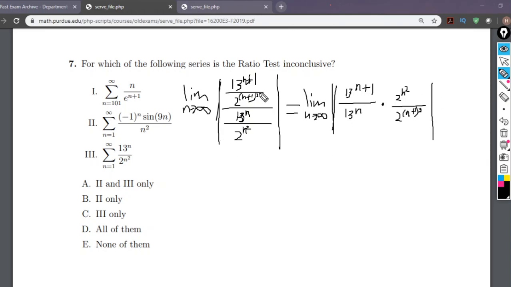Just one quick note, when you're trying to rearrange these fast, you can always look at the top fraction, the n plus 1 term. If it's on top of the top fraction, it will always stay on top, as shown here, right? So the 13 to the n plus 1 term remained the numerator. The denominator will still be in the denominator. And on the bottom, it always gets flipped. So the 13 to the n goes there, and it will go there.